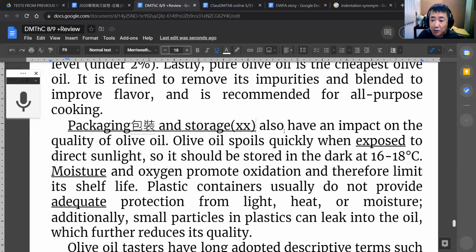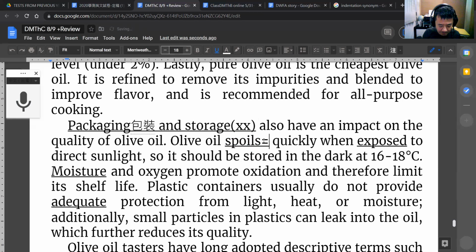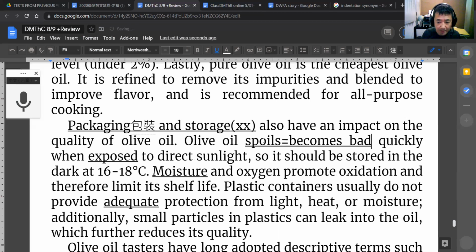Olive oil spoils quickly when exposed. 暴露在阳光之下, exposed to direct sunlight. So it spoils. It breaks down, right? It breaks down. It becomes bad. Okay. It spoils quickly when exposed to 暴露, right?